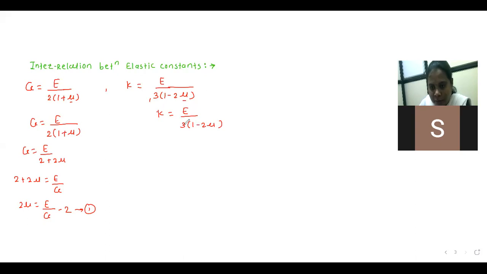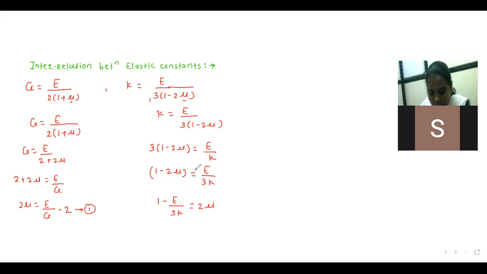So 3 in bracket 1 minus 2 mu is equal to E divided by K. Once again, we shift the 3 to the denominator, so 1 minus 2 mu is equal to E divided by 3K. Now we shift the 2 mu part to the right side because it is negative. So 1 minus E divided by 3K is equal to 2 mu.